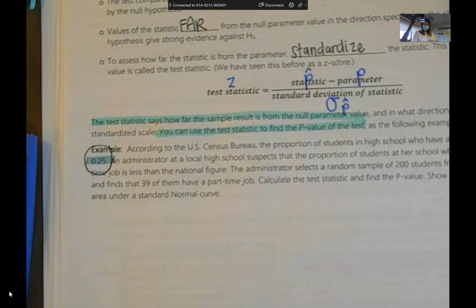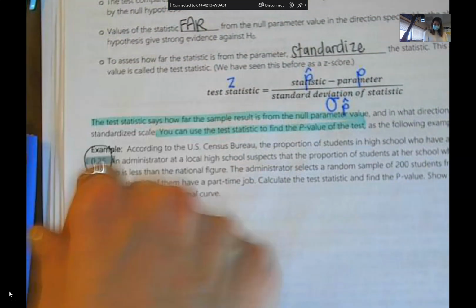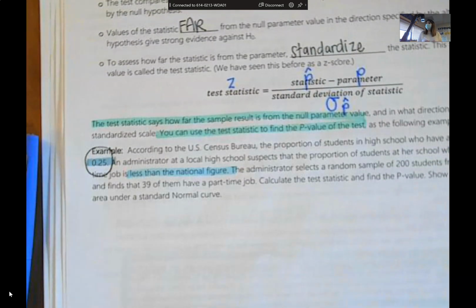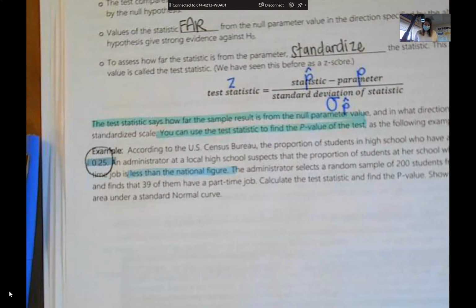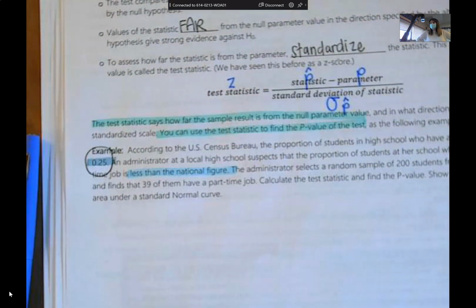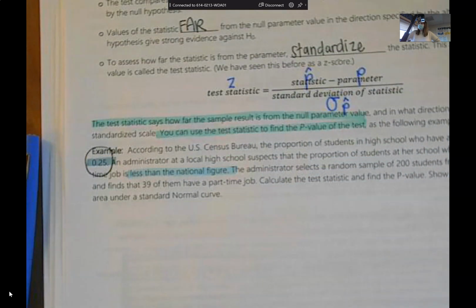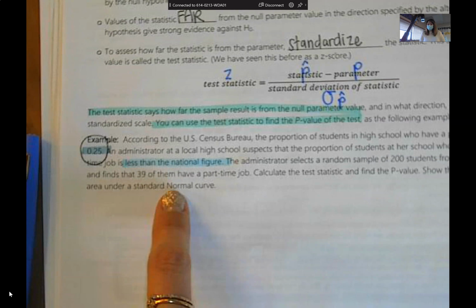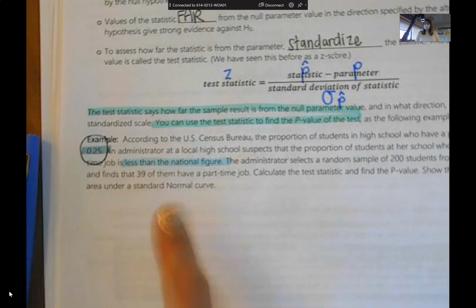So our administrator thinks that it is less. She then selects a random sample of 200 students and finds that 39 of them have a part-time job. So this says calculate z and find the p-value, and it also wants us to show what that would look like under a normal curve.